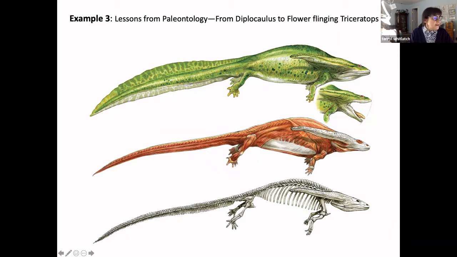And of course, the surface anatomy is based on living animals. There's no way I could know the actual color or the actual skin texture, but based on what we know about real life amphibians, this is my best guess.